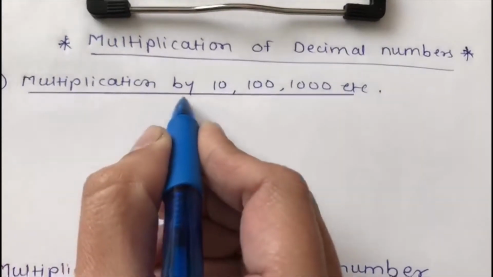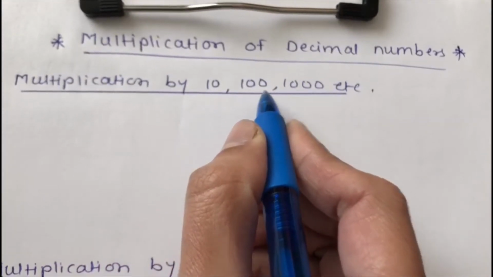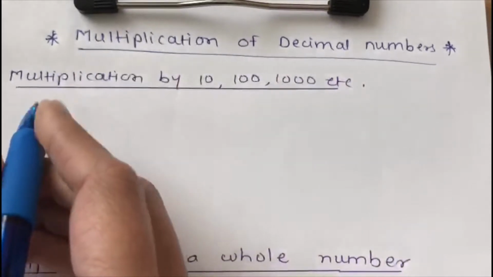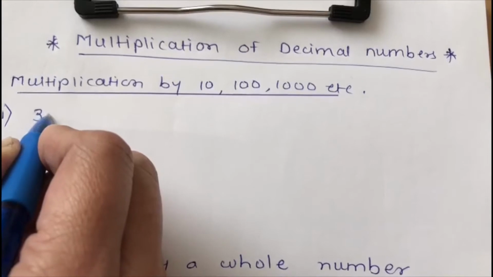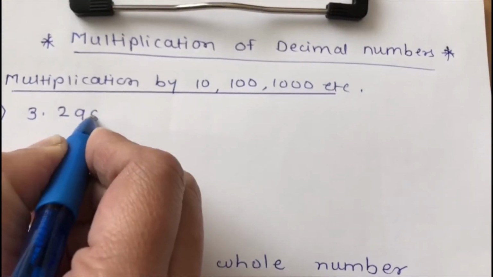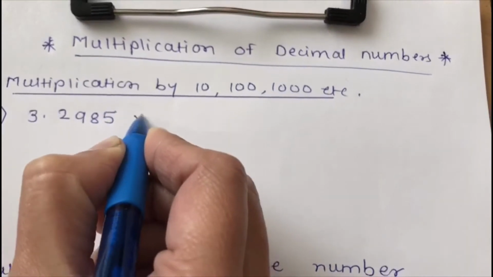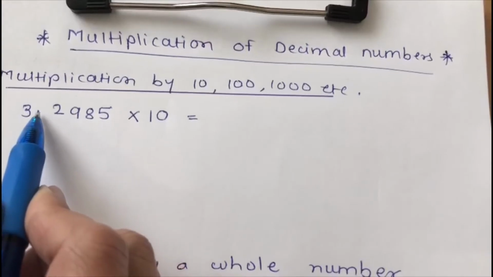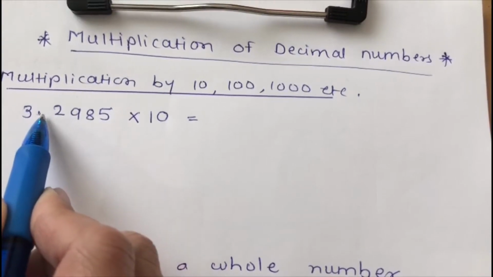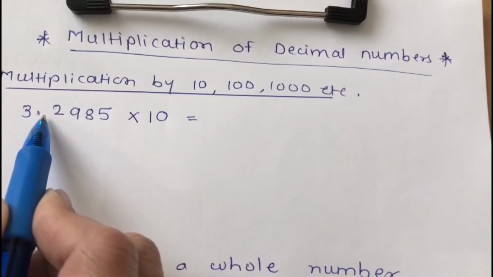First one is multiplication by 10, 100, 1000, etc. So first I take one example, 3.2985 times 10. As you see here, the decimal point is after 4 digits from the right side.